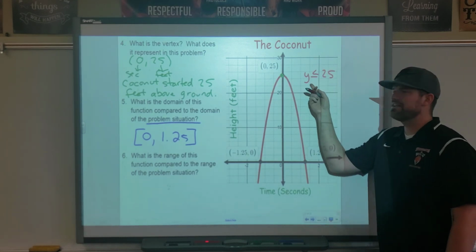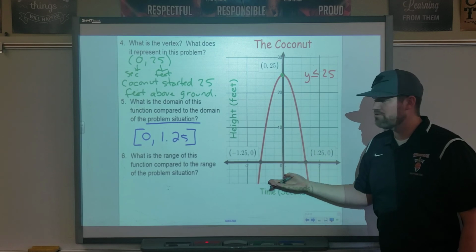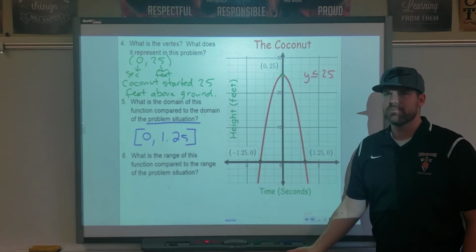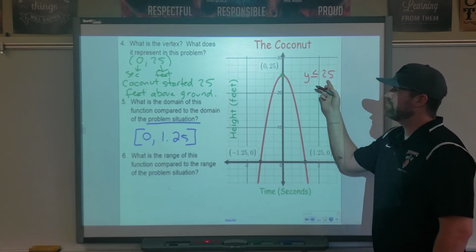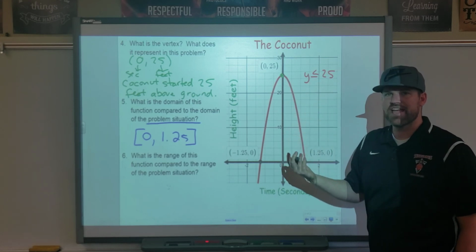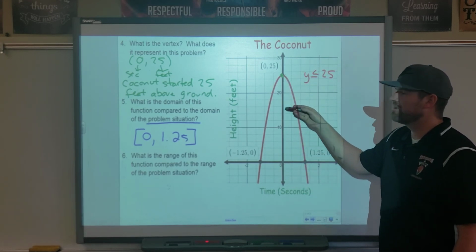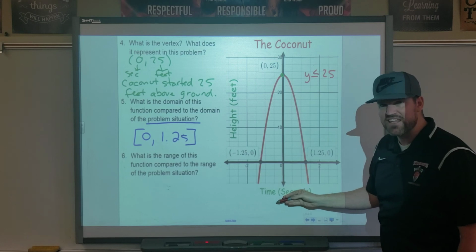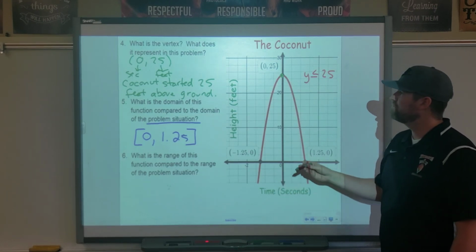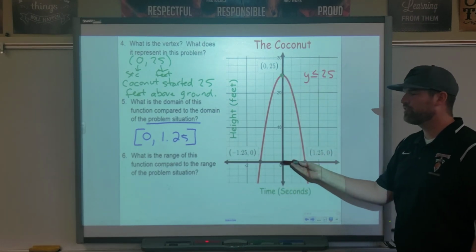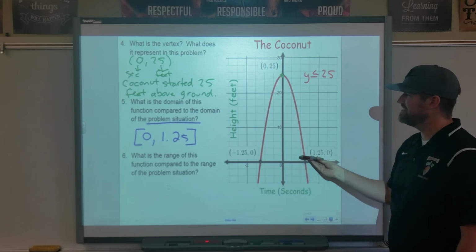But if we just say y is less than or equal to negative 25, that means we're looking at negative heights as well. I do agree that 25 feet was the highest the coconut was at, but what's the lowest the coconut was at? Did it go to negative 10? Did it go negative 20? No, the lowest that the coconut went was the ground, which has a height of 0.